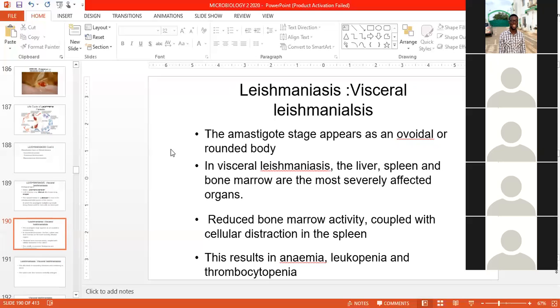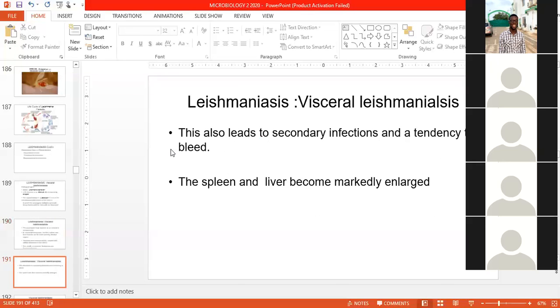So the presentation will be anemia, leukopenia, then the thrombocytes will decrease. Talking about the white cells, you can't do without platelets.